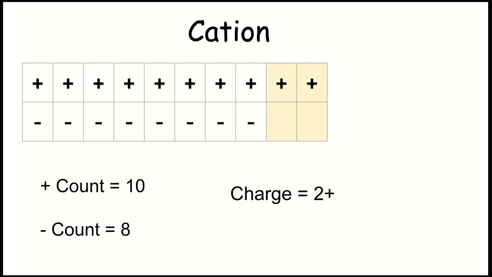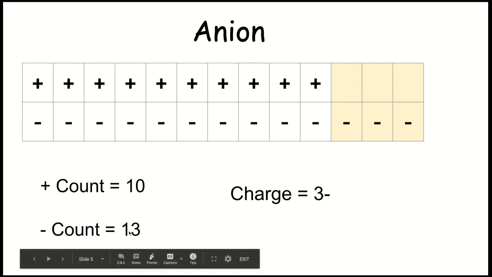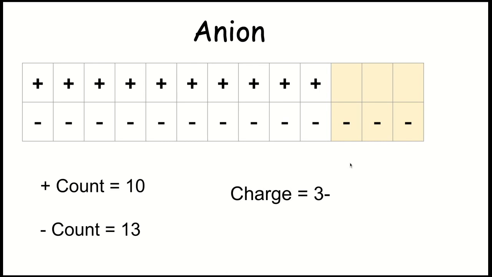If this atom lost 2 electrons, then it would end up with a 2 plus charge because it would have 2 more protons than it did electrons. If this atom gained 3 electrons, then it would end up with 3 more electrons than it has protons, and it would have a 3 minus charge. With charges, we actually write the number and then the charge.